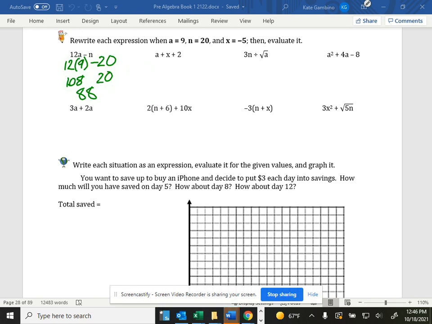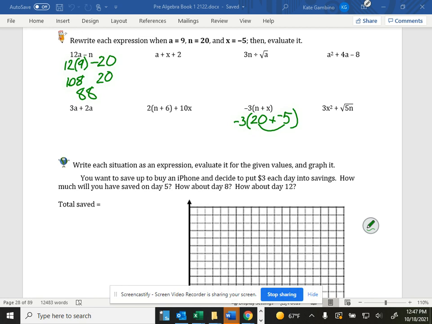Let's look at another one. Let's look at this one. -3, and then we have parentheses, n, which is 20, plus x, which is -5. So the first thing we want to do is our parentheses. 20 plus -5.